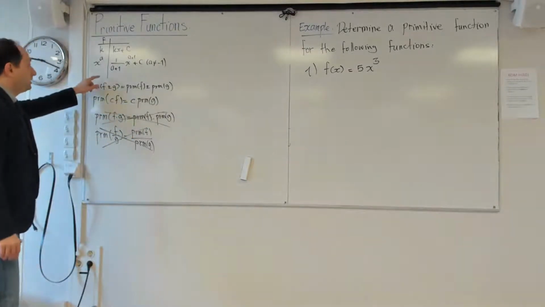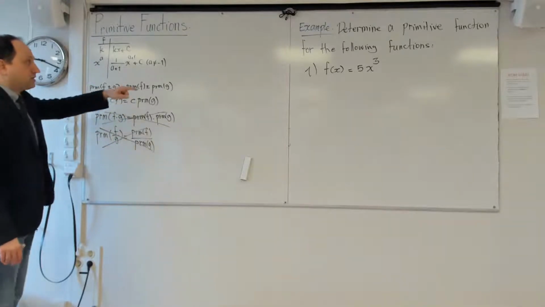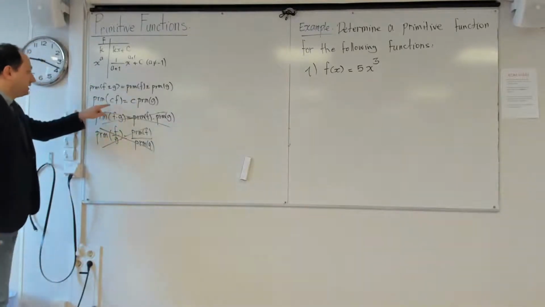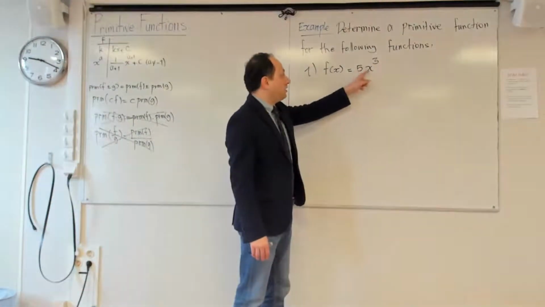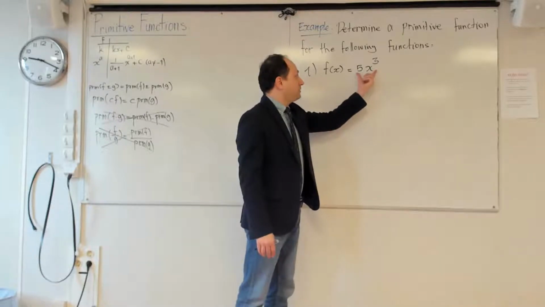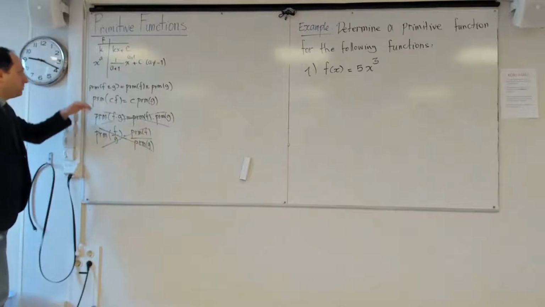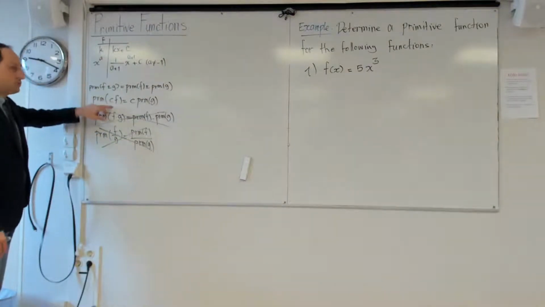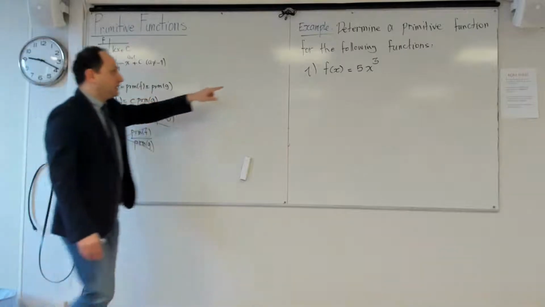You need to learn how to use these tables and these two rules. So here, one rule is needed because I have a constant multiplied by a function. And I am interested in finding a primitive function for this combination. So the first rule before seeing the table is this rule, that I have a constant. So I put the constant there.